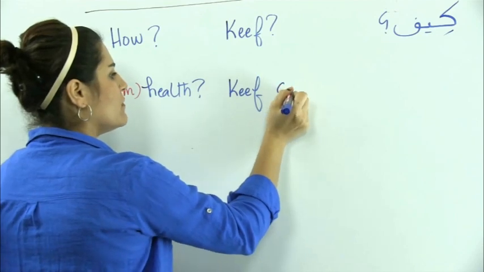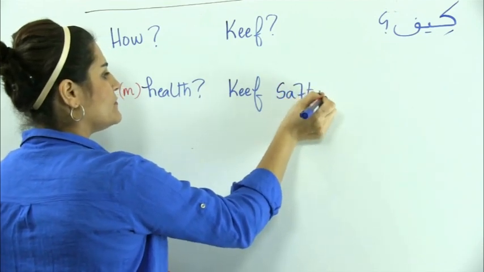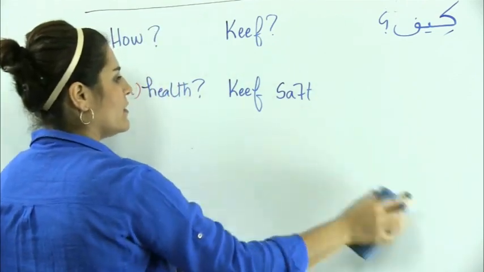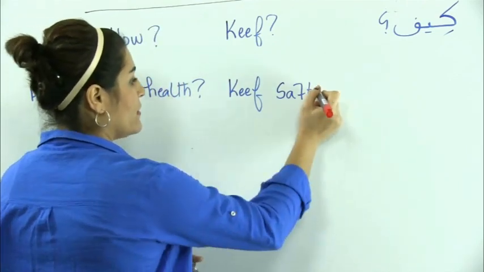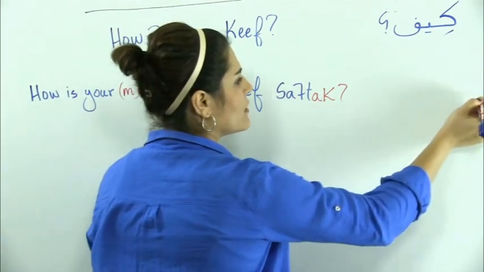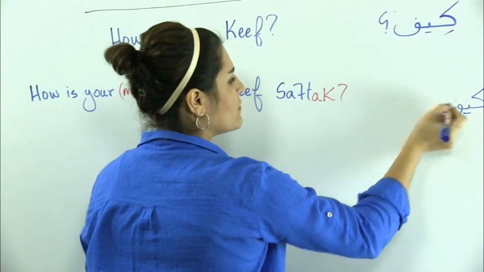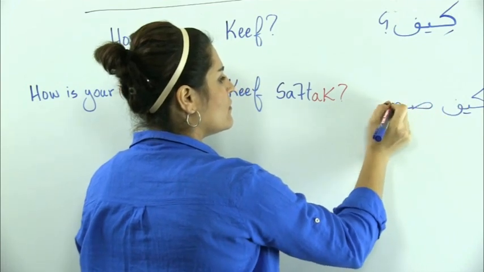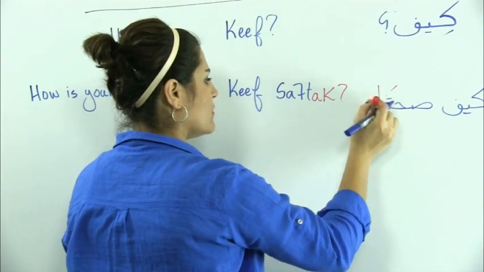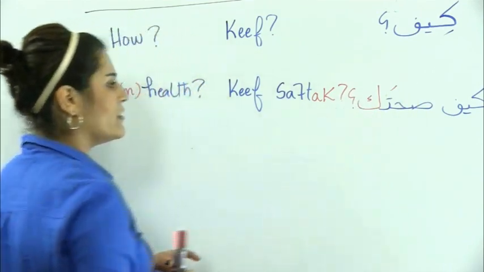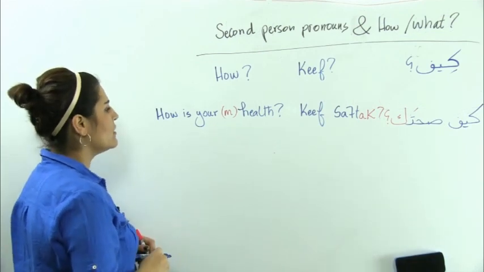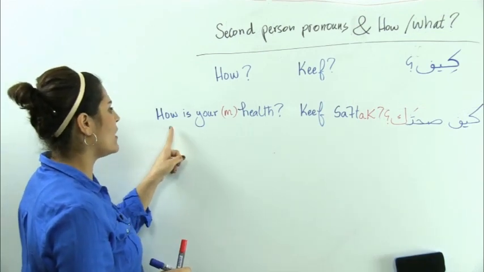So كيف صحتك. I'm going to write the ak in Arabic in red. Now the words are getting bigger, so we don't have much space. So, how is your health?